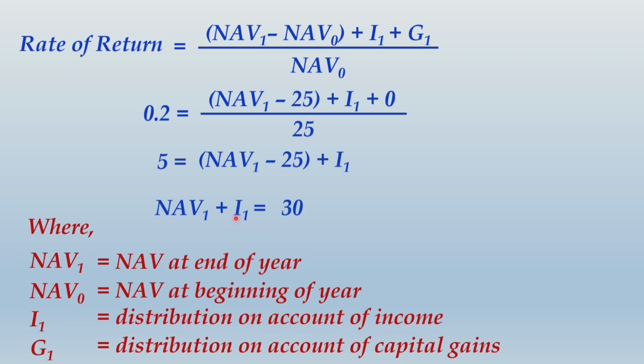And accordingly, if I1 is replaced for 2, you can get the value of NAV1 as 30 minus 2, that will be 28. So friends, that way you can solve this equation definitely.